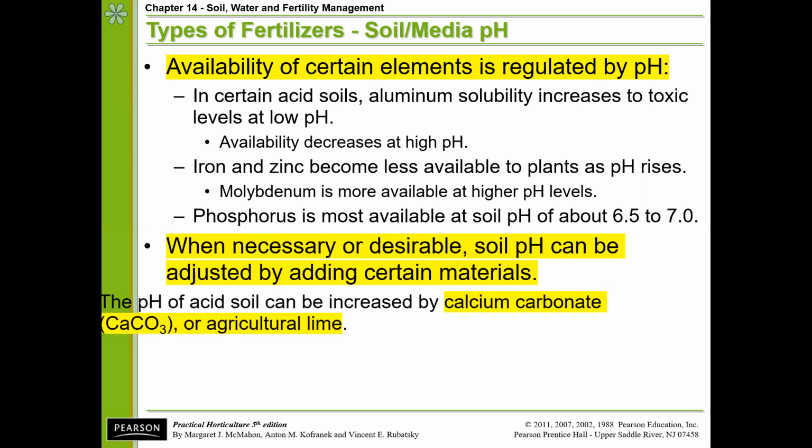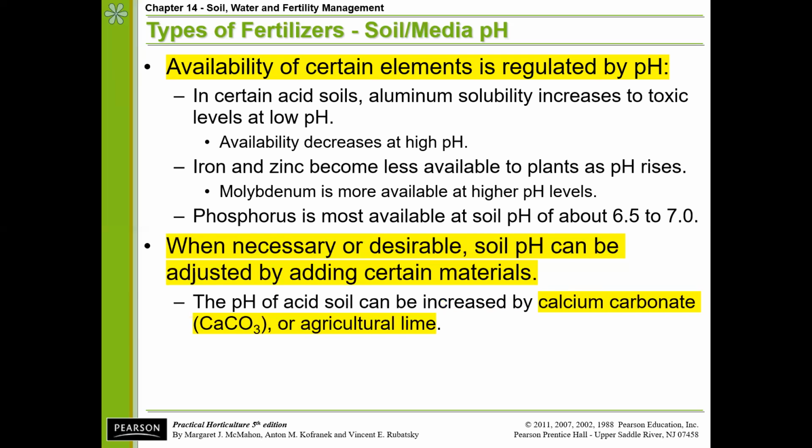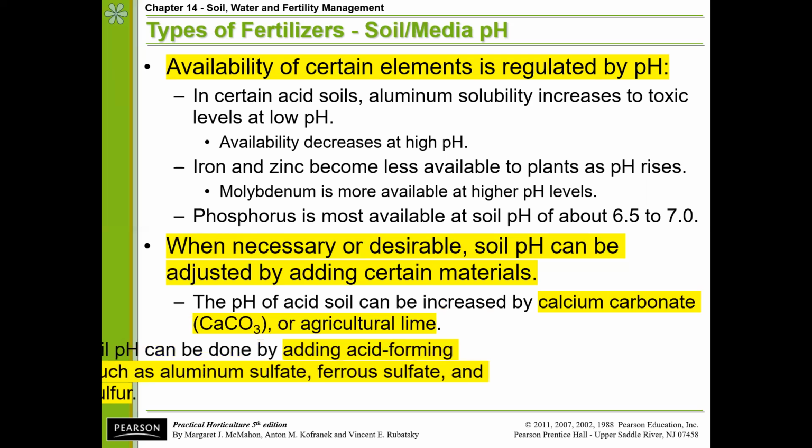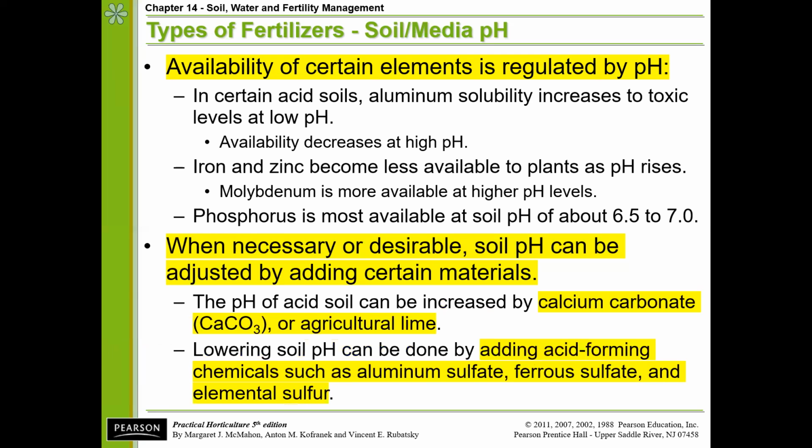And we can adjust pH generally to raise it by adding lime, or to lower it by adding usually sulfur-based compounds. And generally our soil in our region, in the mid-Atlantic, tends to be a little bit lower pH, higher on the acidity scale.